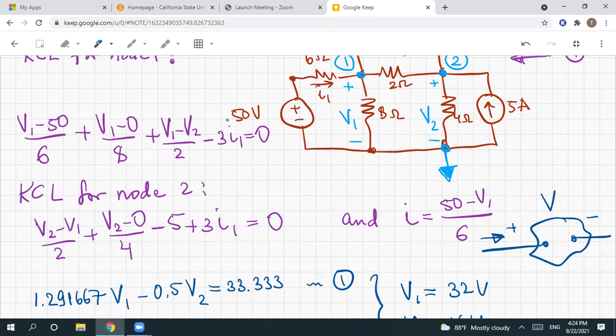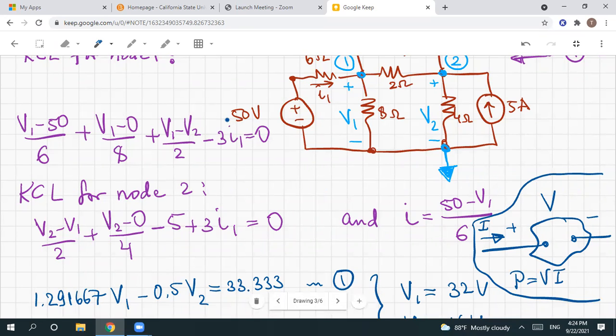So this is the voltage, this is the current, and then the power will be VI. If the result is positive, then the element consumes power. If the result is negative, then the power is delivered by that element. As you see, the power is the product of the voltage and the current.